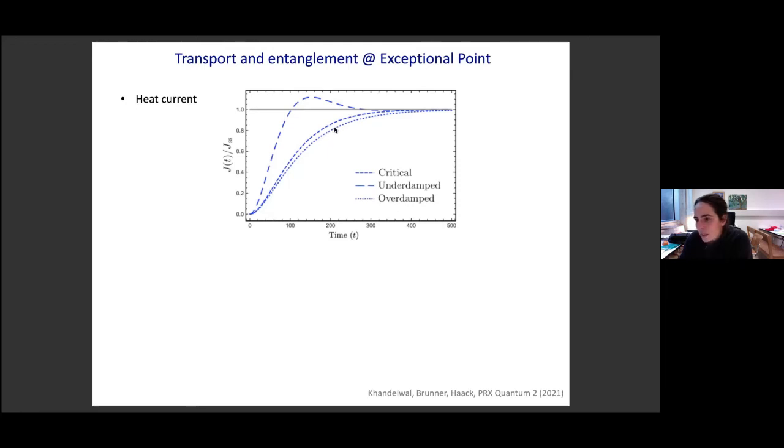So really, critical damping is not only about reaching the steady state in the fastest way, it's the fastest way when you have no oscillations. So that's really the transition between oscillatory and non-oscillatory behavior. And among the non-oscillatory behavior, it's the fastest.